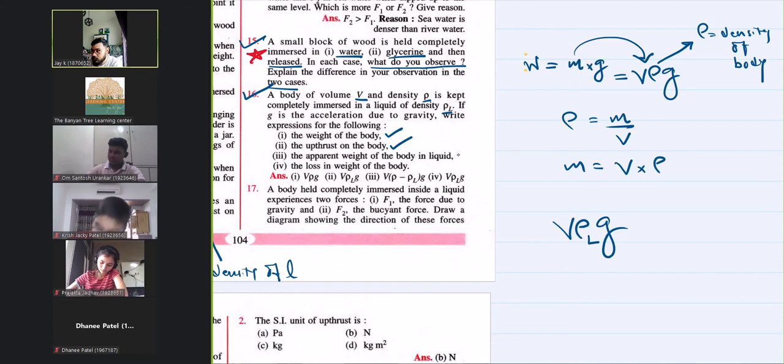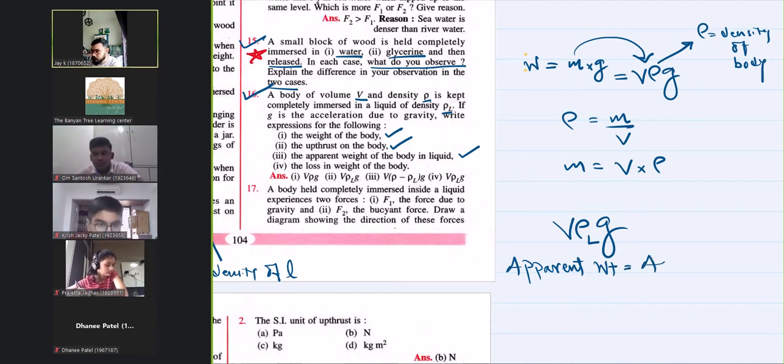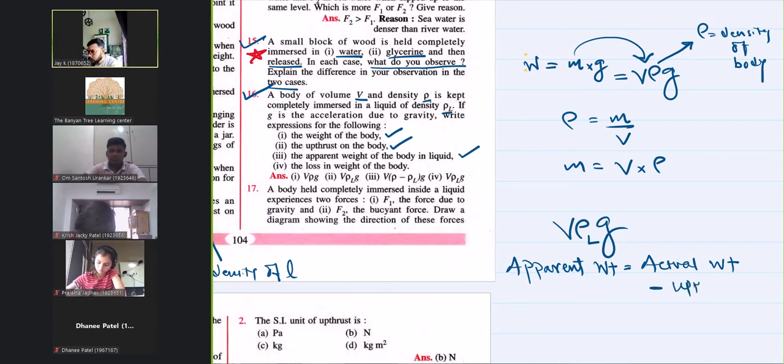Apparent weight of the body in liquid. Now remember, whenever they are asking about apparent weight, apparent weight will be actual weight minus upthrust.